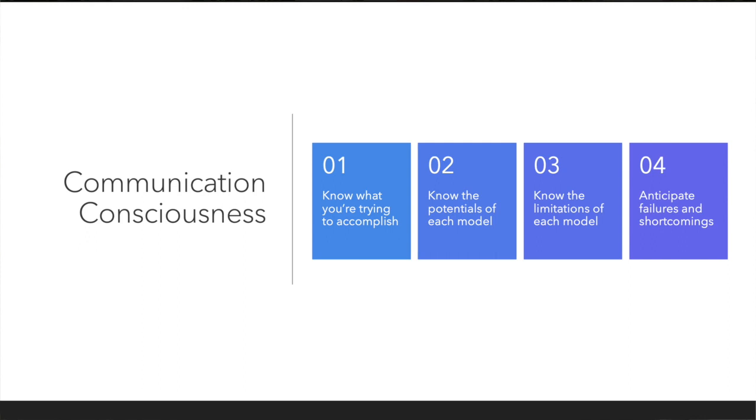You have to anticipate failures and shortcomings. This is key. Nothing is perfect. It does not work to just tell everybody something, assume they all got it perfectly, and then sit down and say, well, I'm done.